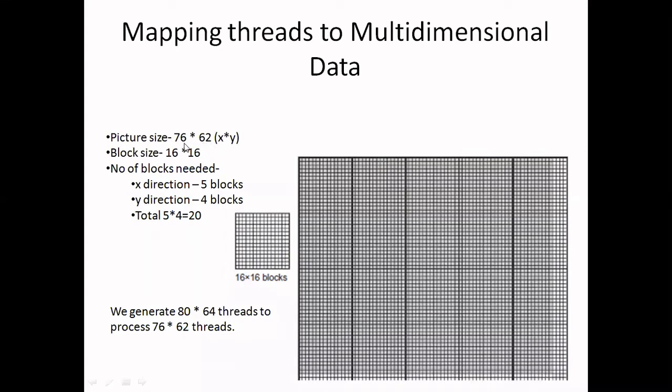I'm saying 76 cross 62 means in x dimension 76 and in y dimension 62. This is the x dimension, which is horizontal, and vertical is the y dimension, starting from this.